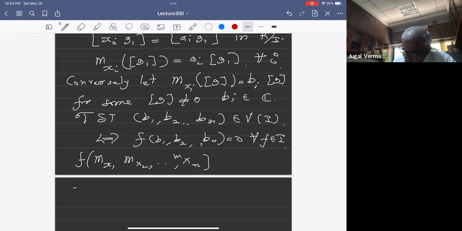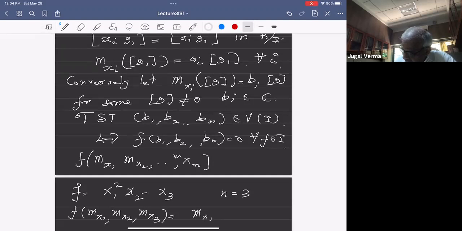So for example, suppose I took f equal to x1 squared x2 minus x3, and suppose n was 3. Then what is f(m_x1, m_x2, m_x3)? That is m_x1 squared m_x2 minus m_x3.